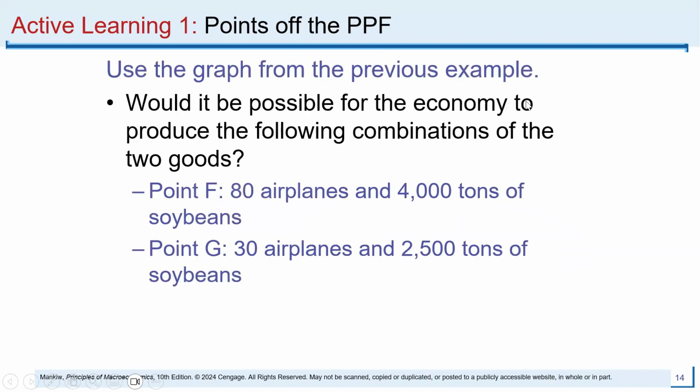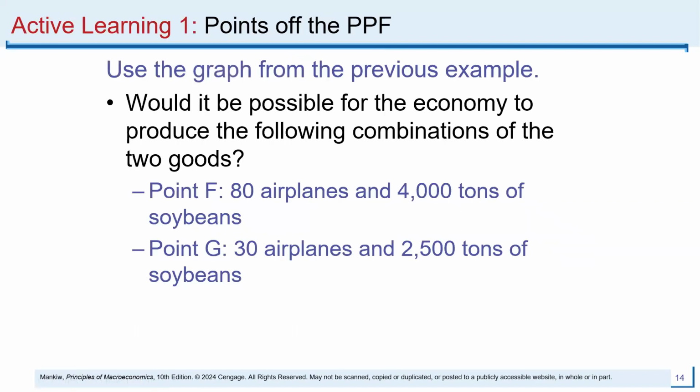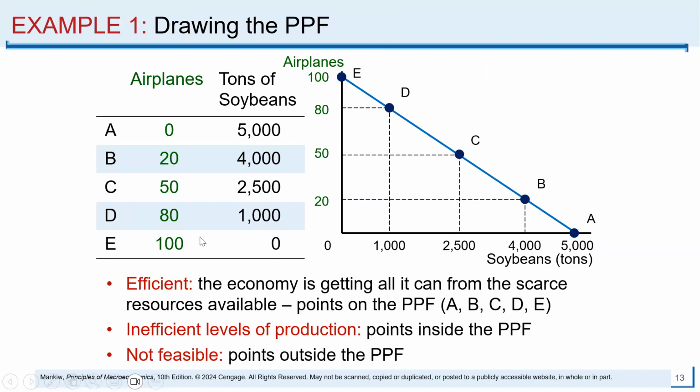Then we look at point G: 30 airplanes and 2,500 tons. 30 is somewhere here, and 2,500, so it will be a point around here.